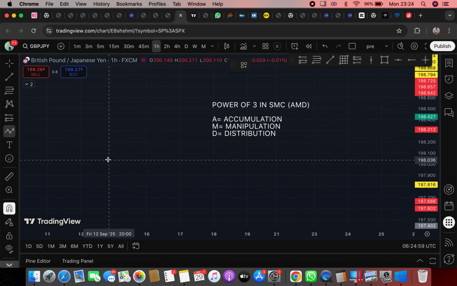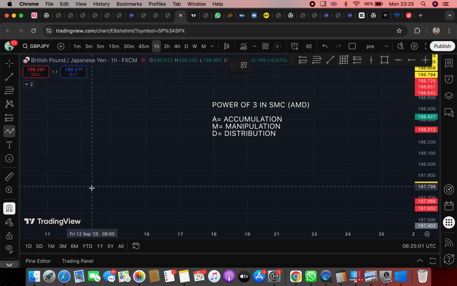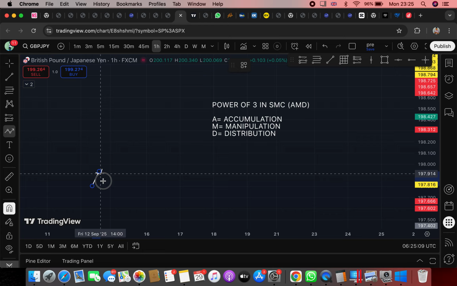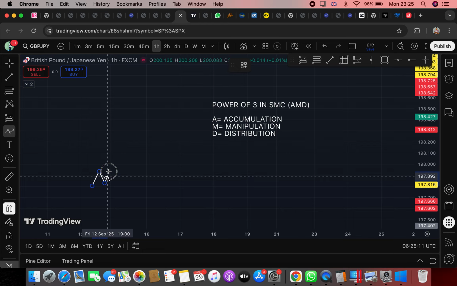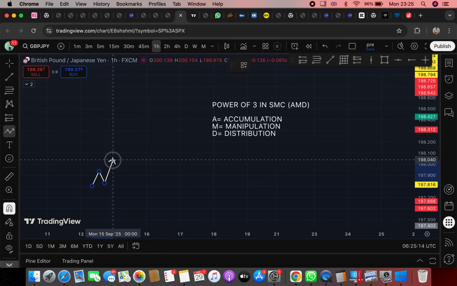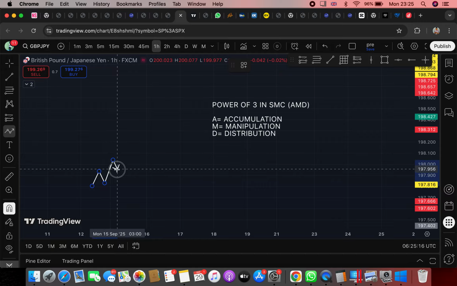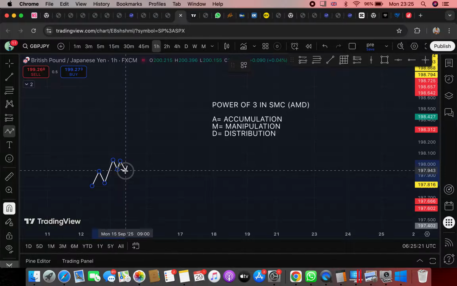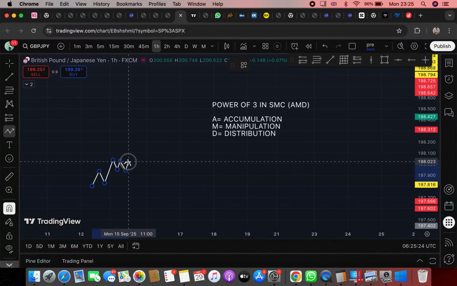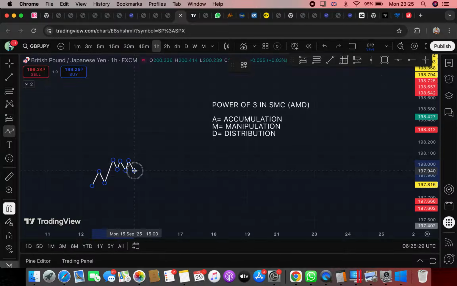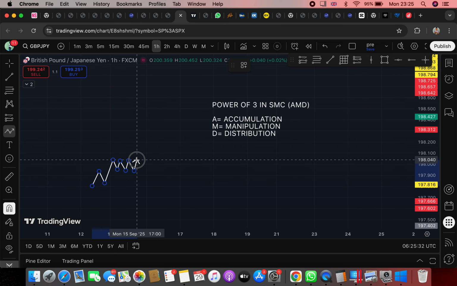Yeah, so this is the pattern. Let me say the market is coming from, okay, let's use an uptrend first. The market is coming from an uptrend like this. And all of a sudden, we start seeing the market accumulating like this, accumulating like this, and the market happens to do this.